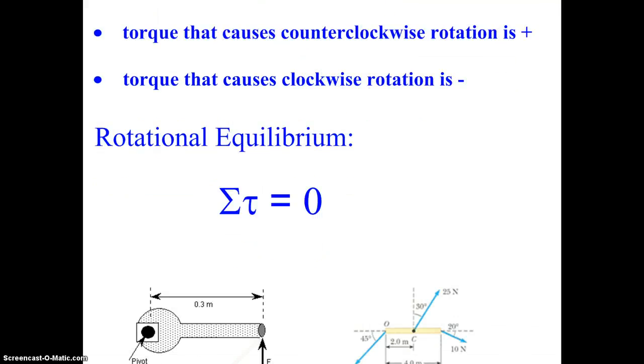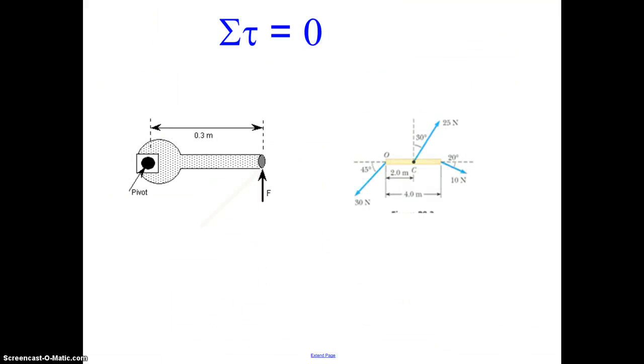We have two examples that we're going to take a look at, and both are the same examples that you're going to be doing homework problems in. Here we have a wrench on a lug nut or some other nut, and you see that the force is perpendicular to the lever arm, which is 0.3 meters long.